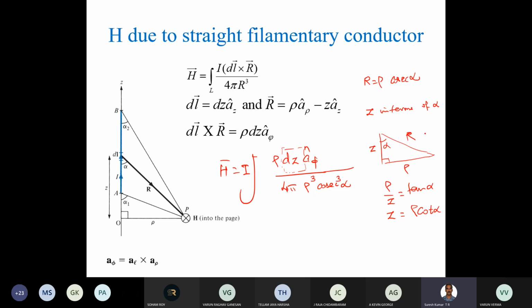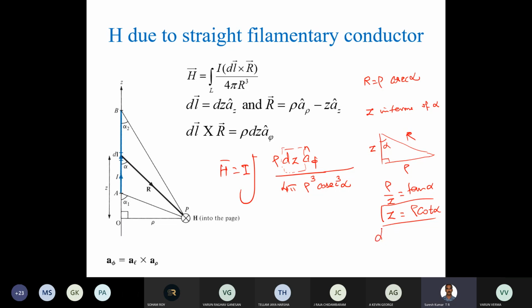That's why we go with tan alpha. See, there are n possible ways. We want to simplify the equation. That is why we are doing all this, because later you should not think why we are taking tan instead of cos. So z is rho cot alpha.